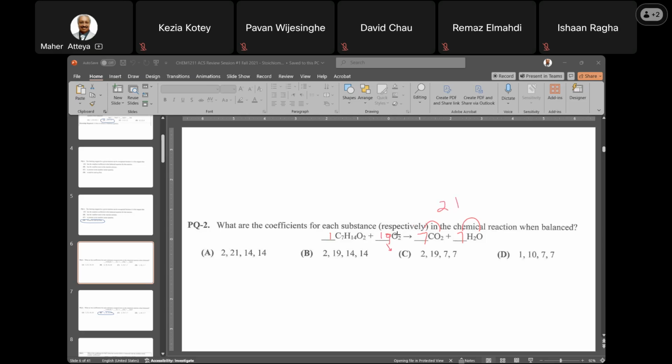The oxygen, 19 over 2 plus 2. The 2 cancels out, so 19 here. And plus 2 makes 21. Is this correct or not correct?